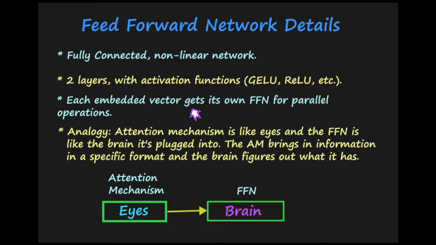Each embedded vector gets its own FFN, feed-forward network, for parallel operations. In other words, when out of the attention block, each token in the embedded vector sequence is given its own feed-forward network to go through, usually on a GPU or set of GPUs.